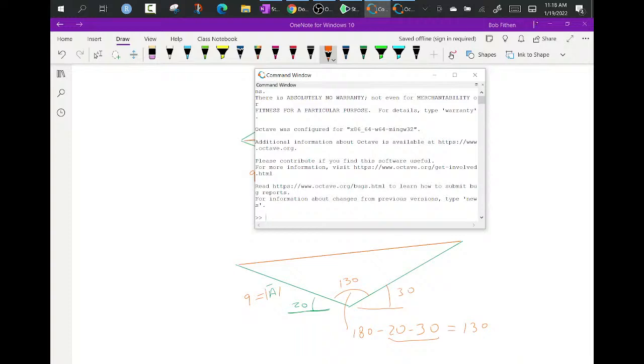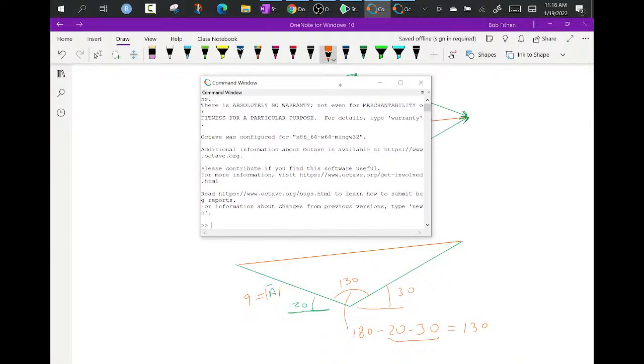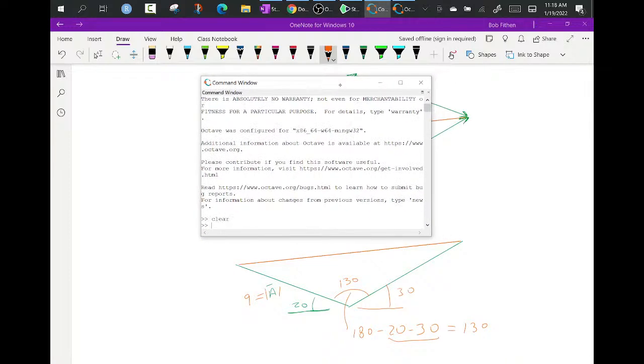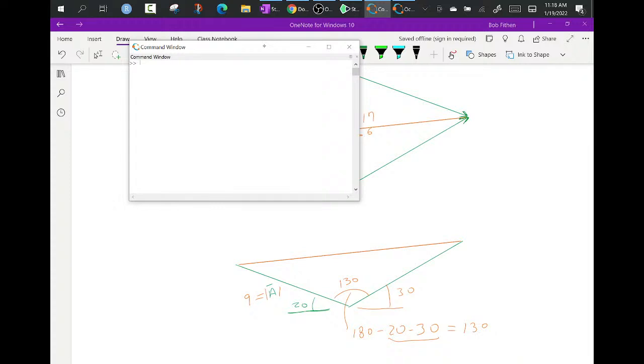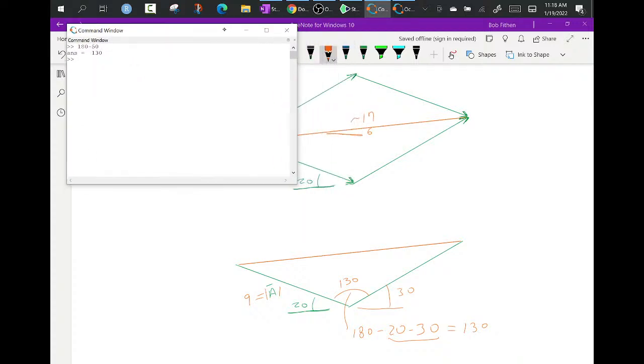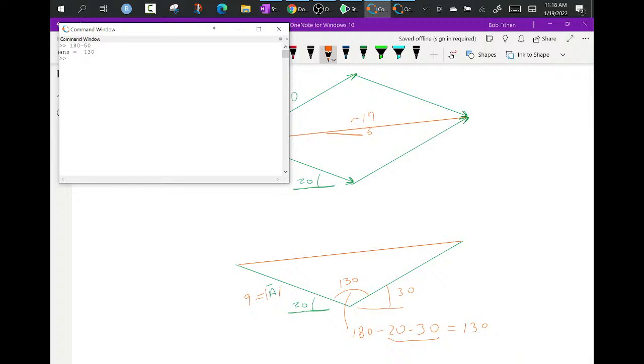So I'm looking at the screen here for Octave, and I'm going to use it as my calculator. 180 minus 50 gives me my 130. Now, I'm going to bounce back and forth between these two. Try to keep it at the top left because my drawing is down here at the bottom right.